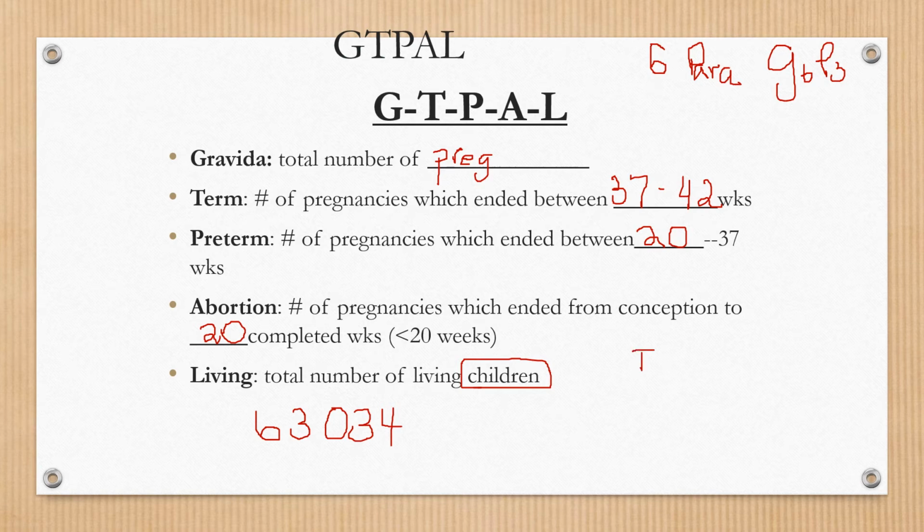You have T plus P plus A should equal G. The same is true that T plus P should equal L. Okay, now if those are true, and in this case, T, P, and A do equal G, so the first one's true, but the second one of T and P should equal L is not true because L is 4 and T is 3 and P is 0.